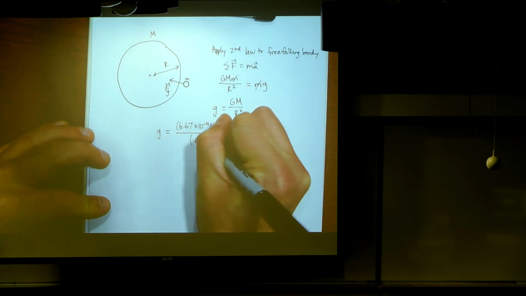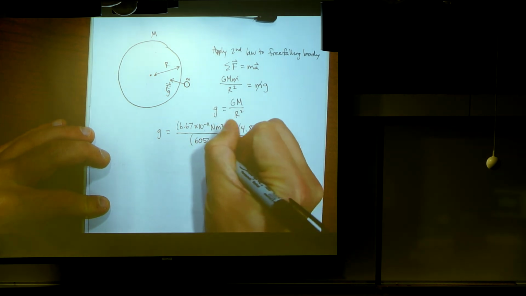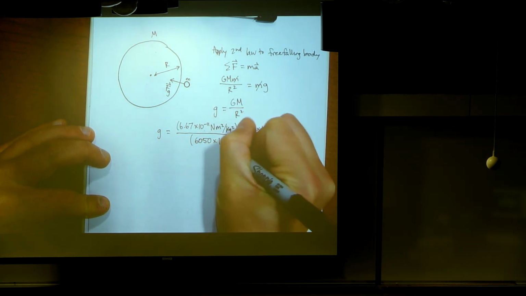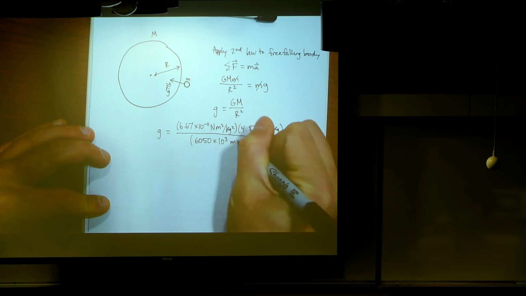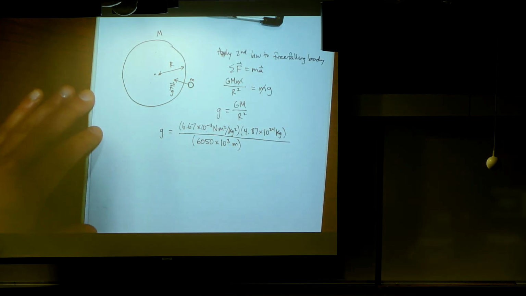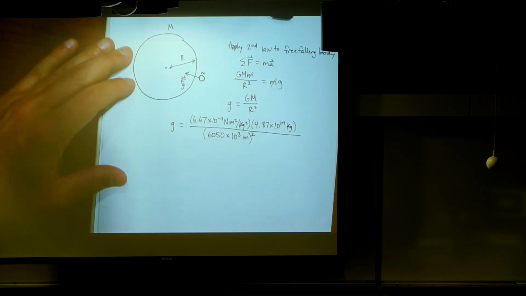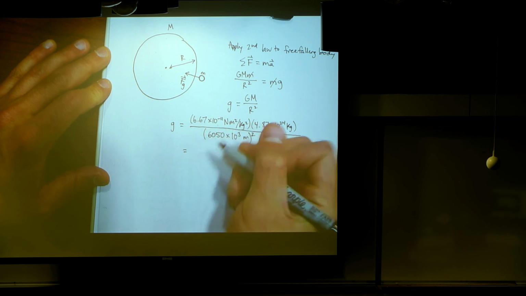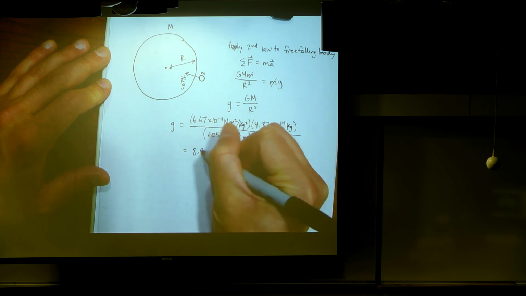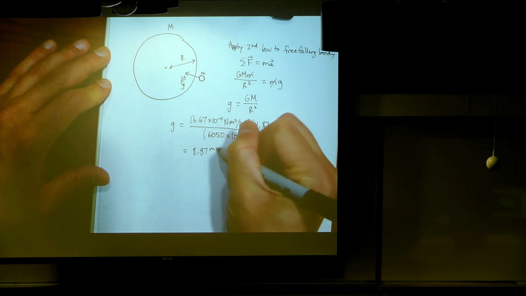So we have 6,050 kilometers. If I do times 10 to the 3, that'll be the same distance in meters. And then we'll square that. So that tells us how to do the calculation. If you do it, what you're going to get is 8.87 meters per second squared.